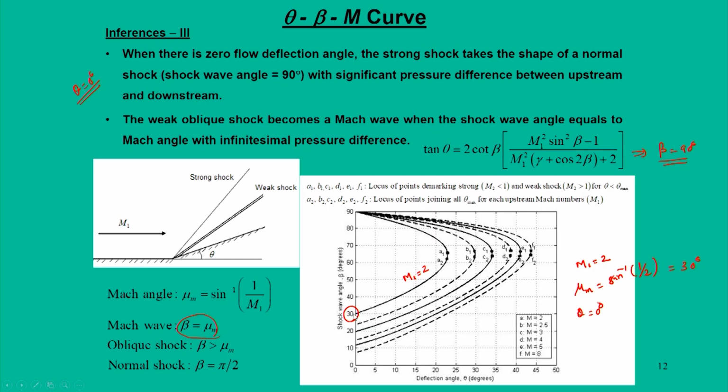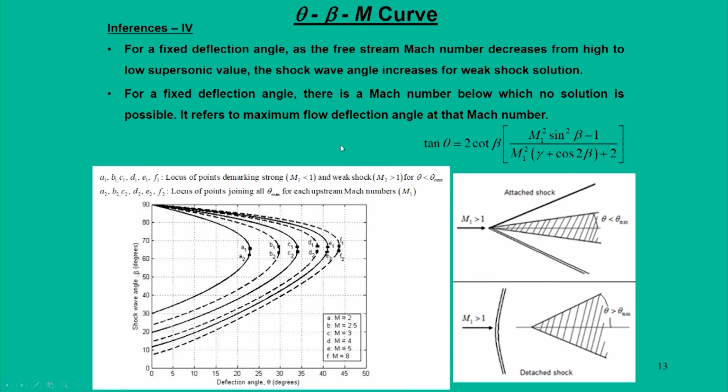That means for every Mach number the vertical axis starting point refers to mu, that is Mach angle, and it is a situation where there is a very small pressure difference.